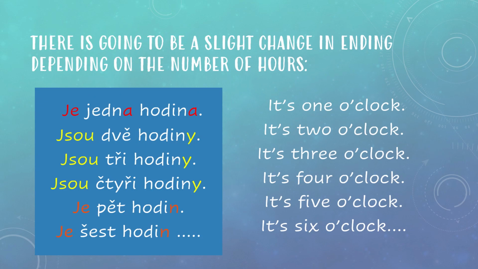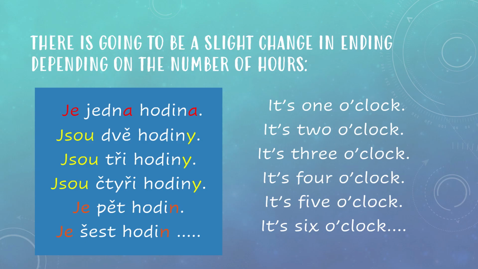There is, however, going to be a slight change in ending, depending on the number of hours. Let's look at the changes together. Je jedna hodina, it's 1 o'clock. But if you say it's 2 o'clock, jsou dvě hodiny. See, it's plural here. The same thing is for the following numbers.